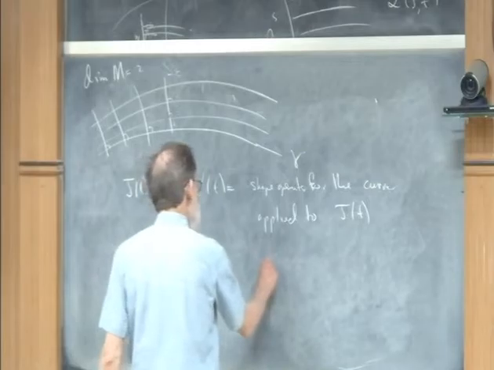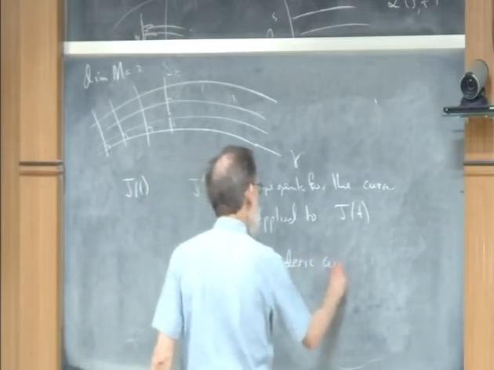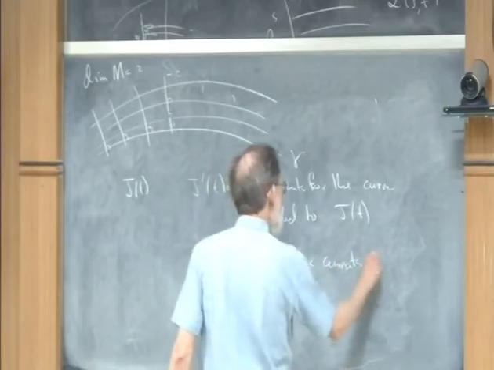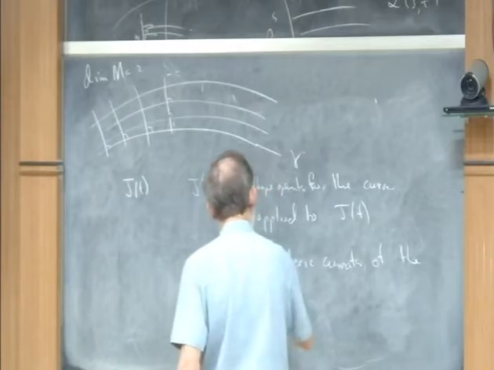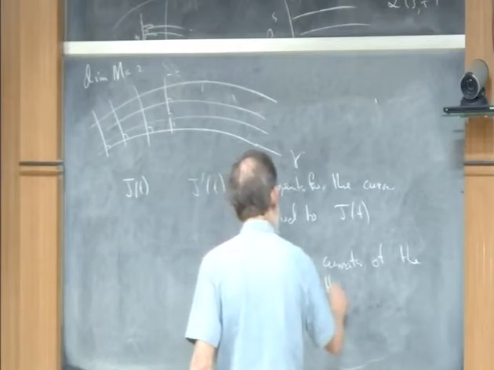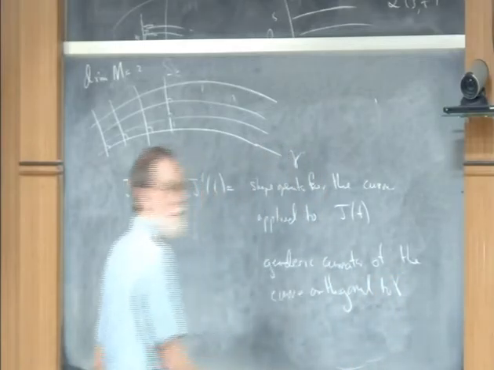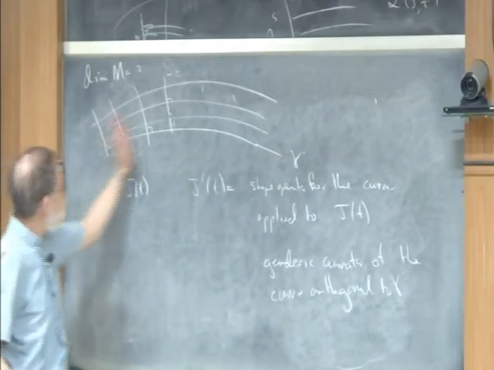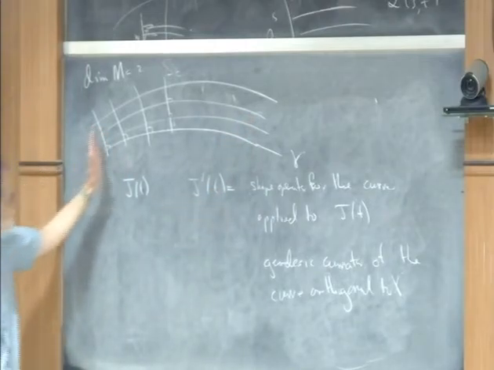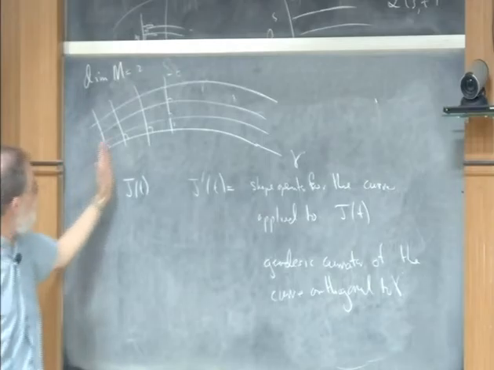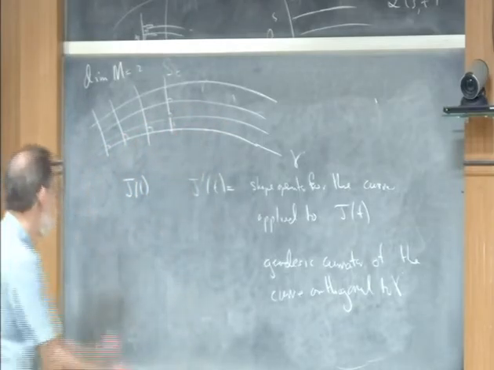The number is the geodesic curvature of the curve orthogonal to gamma. So as my picture evolves, the curve perpendicular to the geodesics evolves, and you want to see how its geodesic curvature is changing.